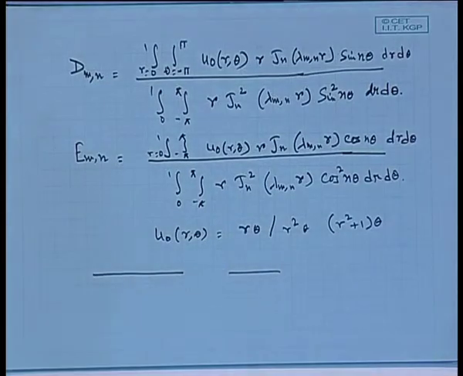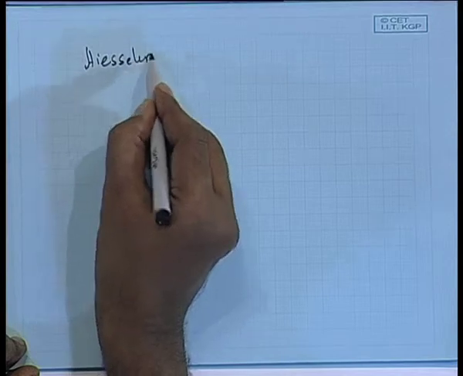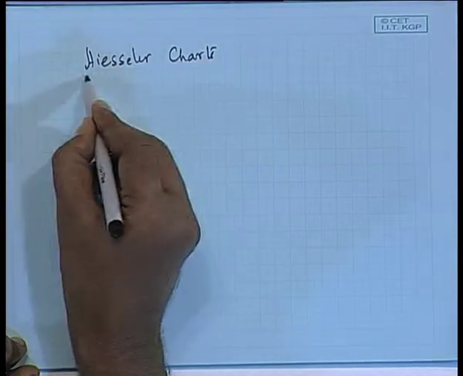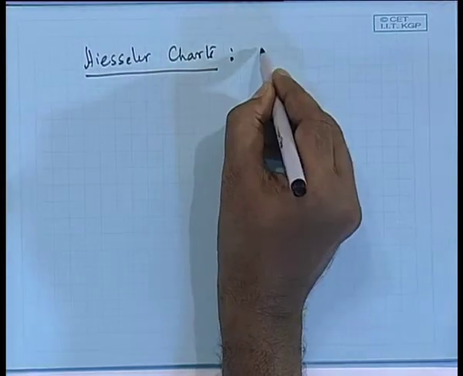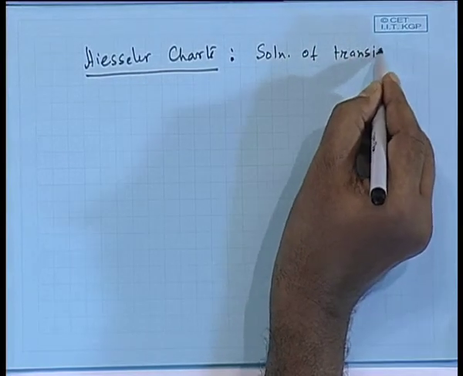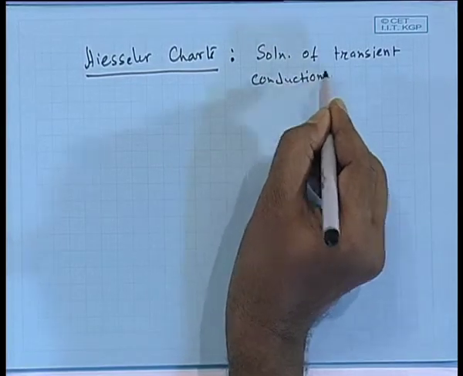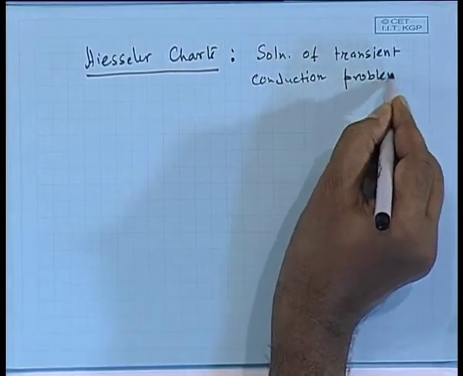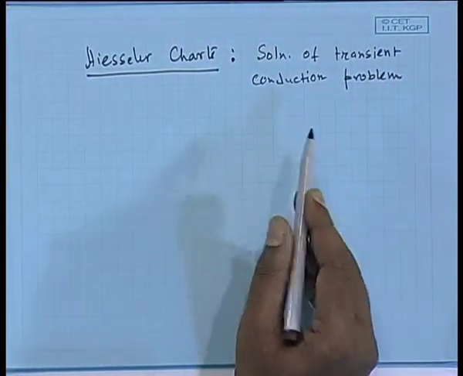Now, there is something called Heisler's charts available in your book. You can look into any book; the Heisler's charts are available. What these charts say is that they give the solution of the transient conduction problem, either in Cartesian coordinates or in polar coordinates.